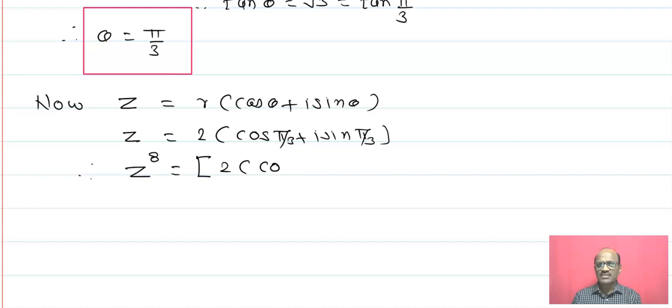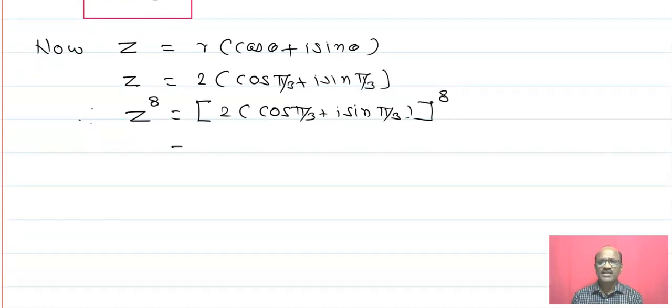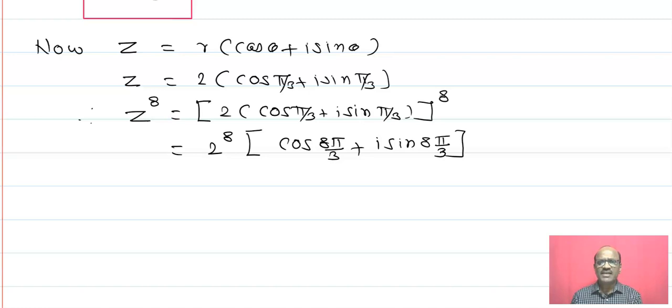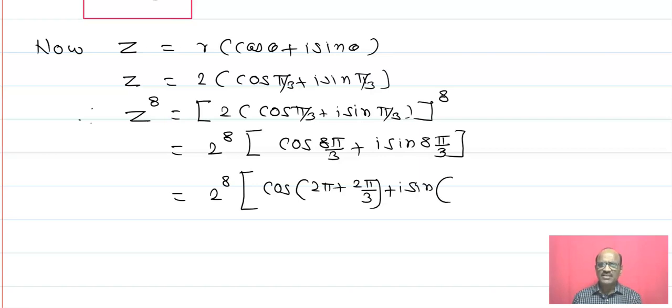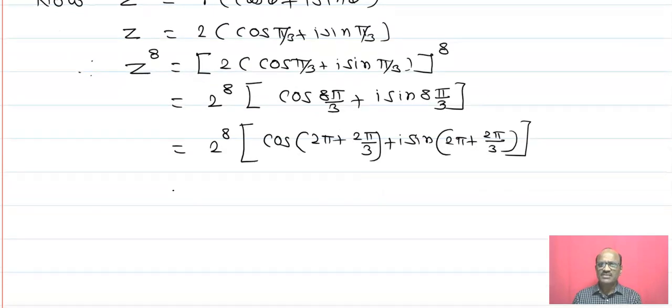Now z raised to 6, that is 2 (cos of pi by 3 plus i times sin of pi by 3) whole raised to 6. By using De Moivre's theorem, 2 raised to 6 (cos of 6 pi by 3 plus i times sin of 6 pi by 3). Now see this. That is cos of 8 pi by 3 can be written as cos of 2 pi plus 2 pi by 3 plus i times sin of 2 pi plus 2 pi by 3.